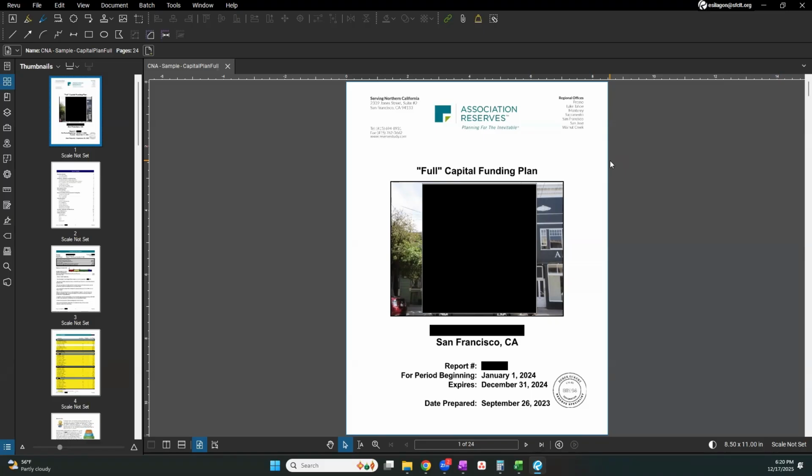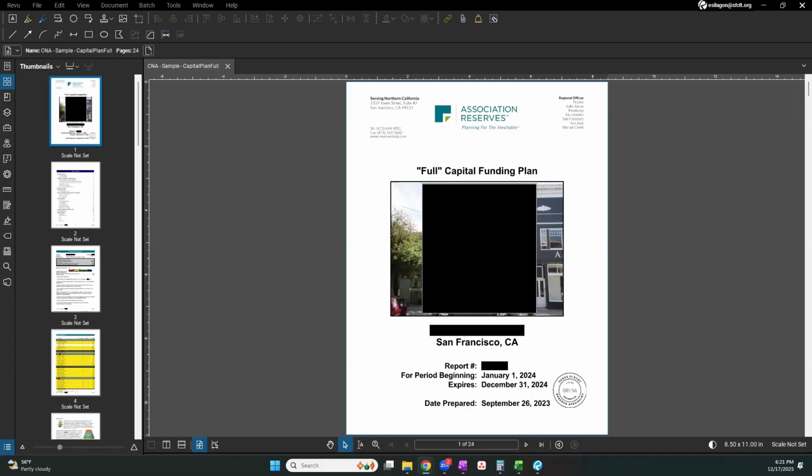They were going to need to do a lot of extra work to set this up in their system, pull together all the financial assumptions, and do a very detailed walk of the property. Typically, how the process works is the vendor, Association Reserves, will come out and visit the site.